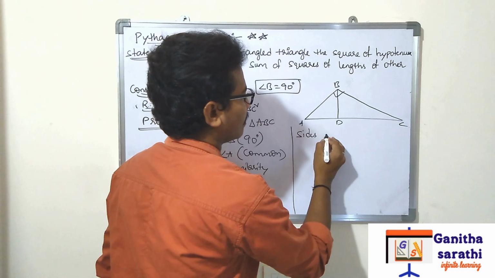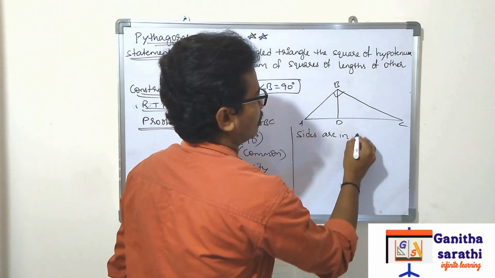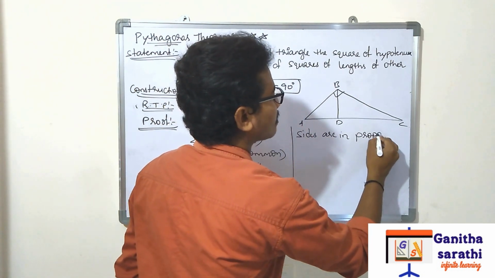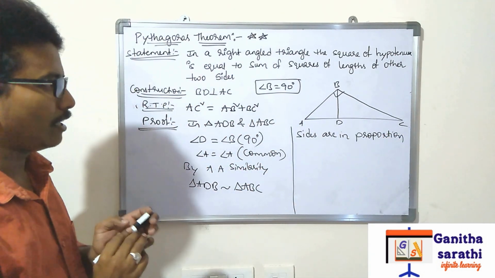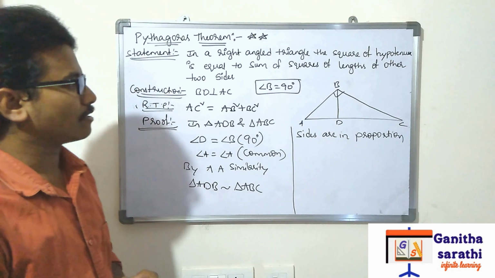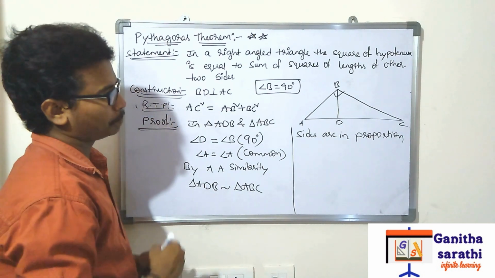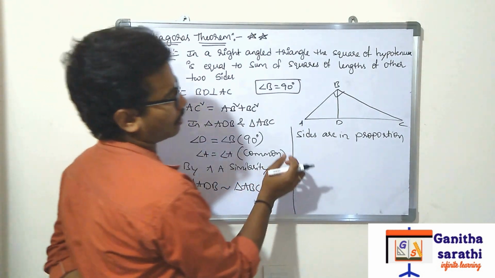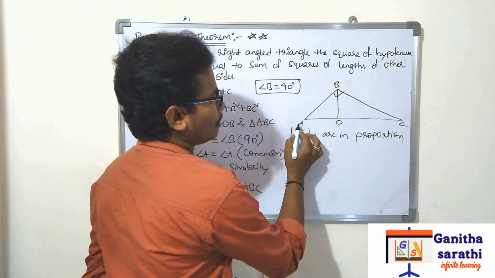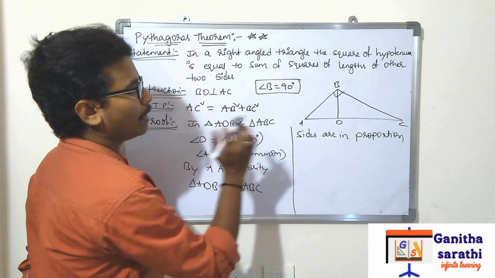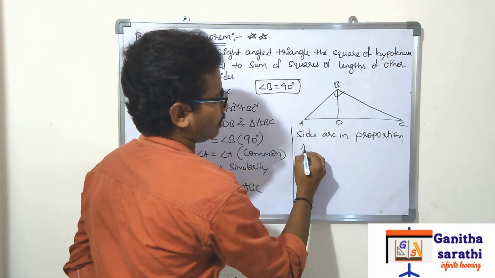What are the sides which are in proportion? That's why I have made the figure like this. If you observe in triangle ADB, what is the hypotenuse? AB is the hypotenuse, right?